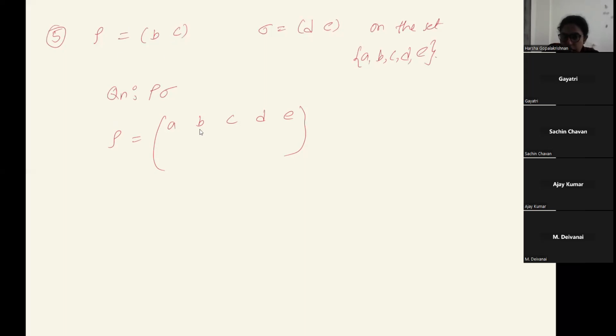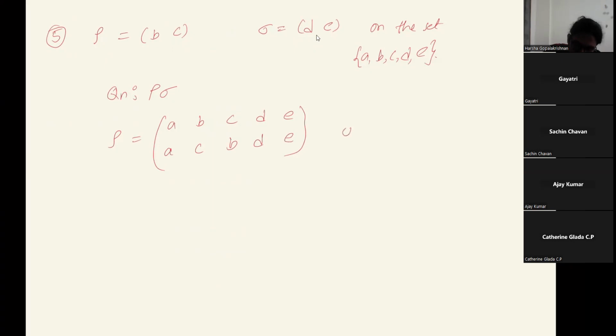What is the image of B under rho? Where is B mapped? C. B is mapped to C and C is mapped to B, and whatever the remaining elements are, they will be mapped to themselves. That means A is mapped to A, D to D, and E to E. This is what this representation means. Clear?